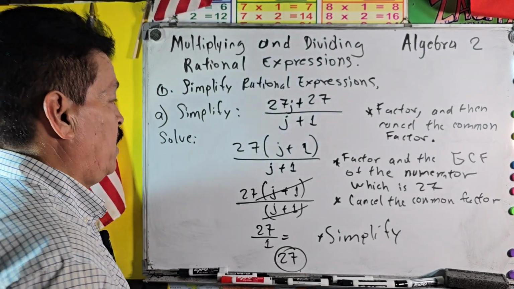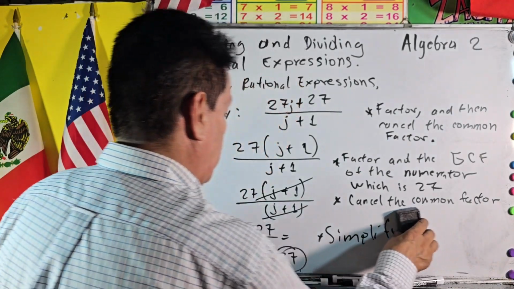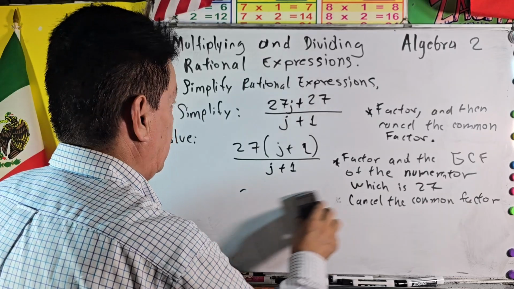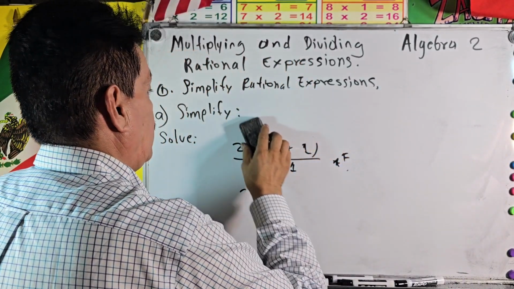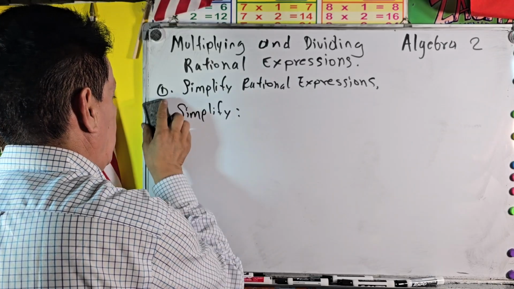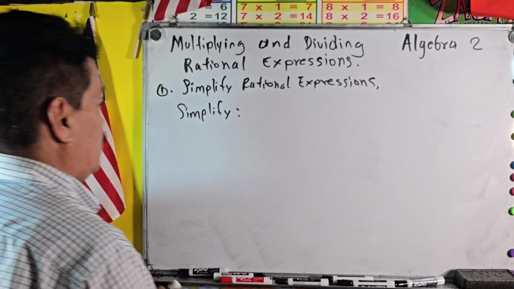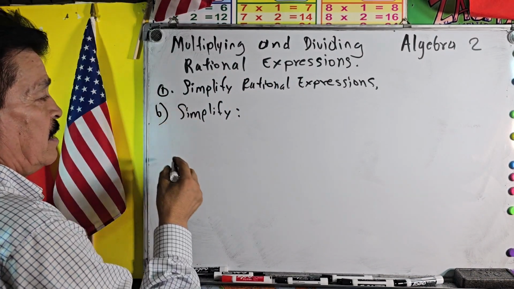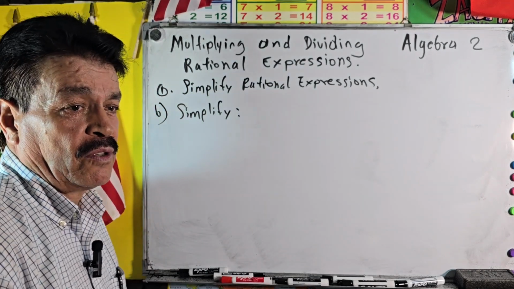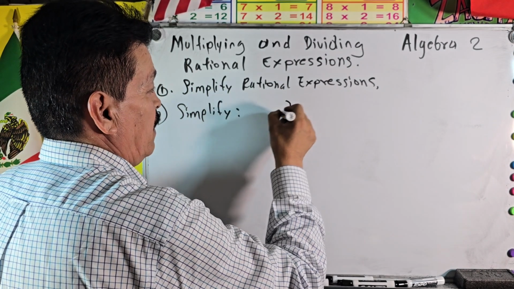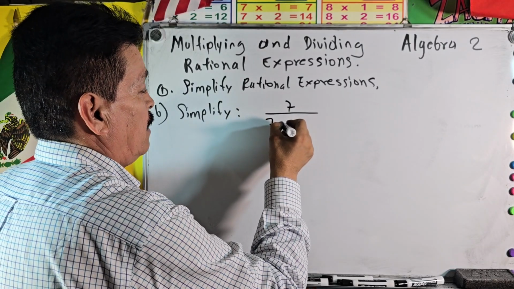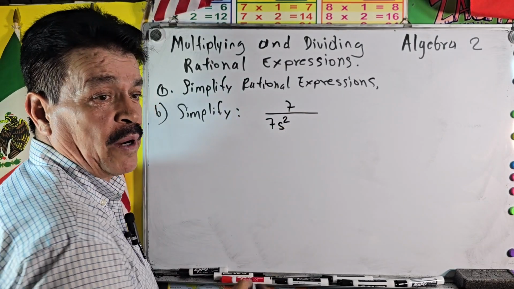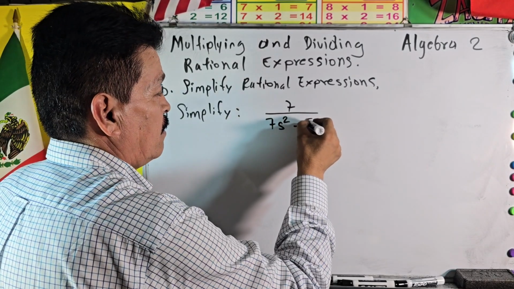So let me show you one more problem in this section. Let's simplify another one. We write 7 divided by 7 times z to the second power minus 5.